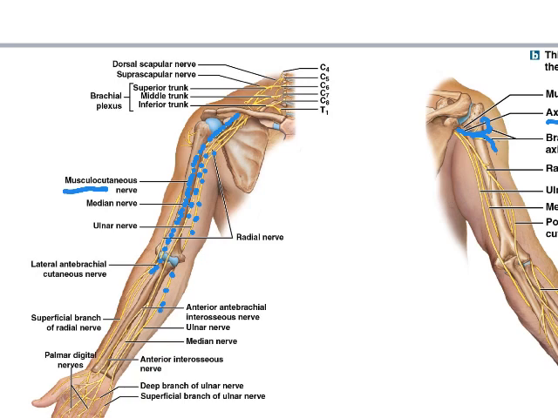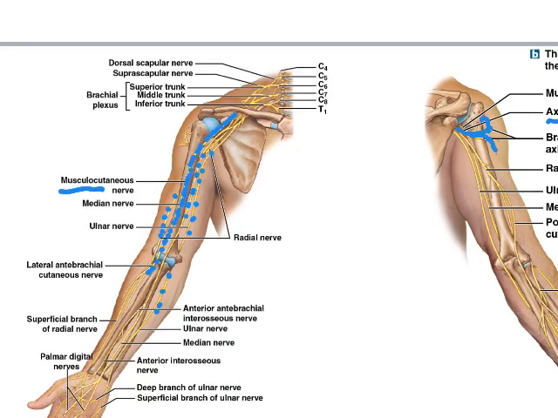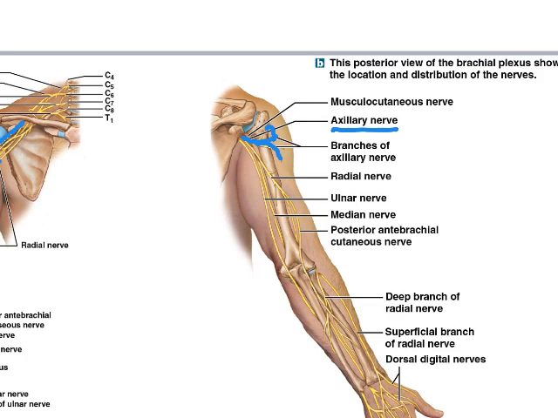The radial nerve, of course, is going to be seen on the lateral aspect of the anterior arm because it's going to go towards the thumb side. But you can start to see radial nerve posteriorly as well. You can actually see it cross, coming out from underneath the scapula and crossing so that it can come over to the radial side of the arm. So you see that radial nerve, at least for the first half of the nerve, is largely posterior, as well as the axillary nerve.